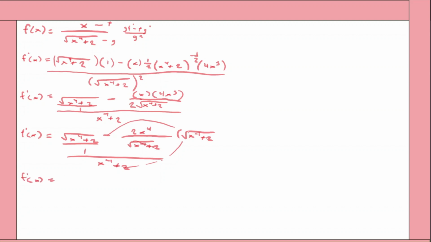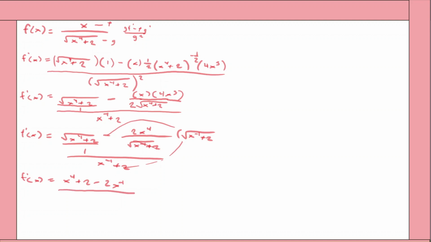So root of x to the 4th plus 2 multiplied by the root of x to the 4th plus 2 is just going to be x to the 4th plus 2, because again the roots cancel out. We still have this subtraction here. It's going to be minus 2x to the 4th, because this one just stays the same since it canceled.